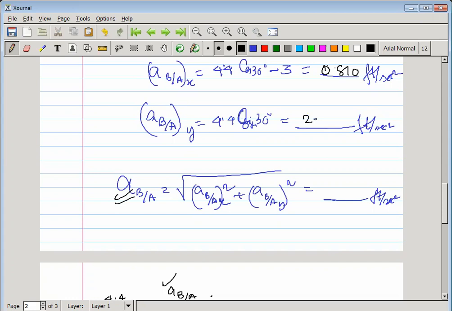So it will come 2.2. So 2.2 and 0.81. To solve this, we have 2.34. Okay.